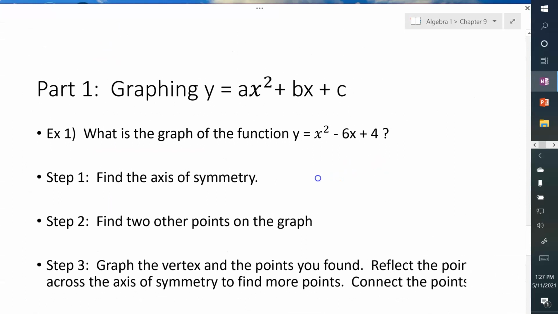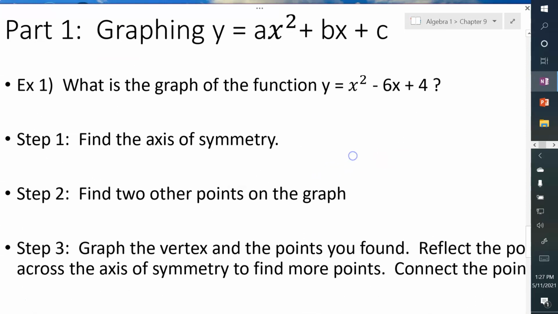So let's do an example where we're going to graph x squared minus 6x plus 4. My first step is to find the axis of symmetry. So a equals 1, because I have an invisible 1 in front of x squared. b equals negative 6. And c, I don't really need that, but it equals 4.